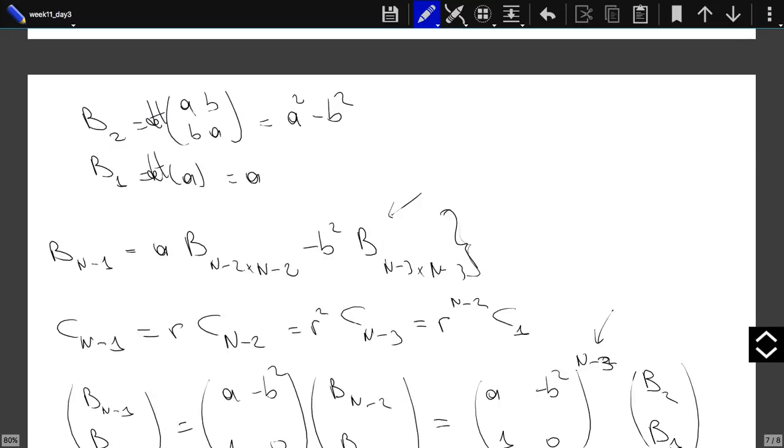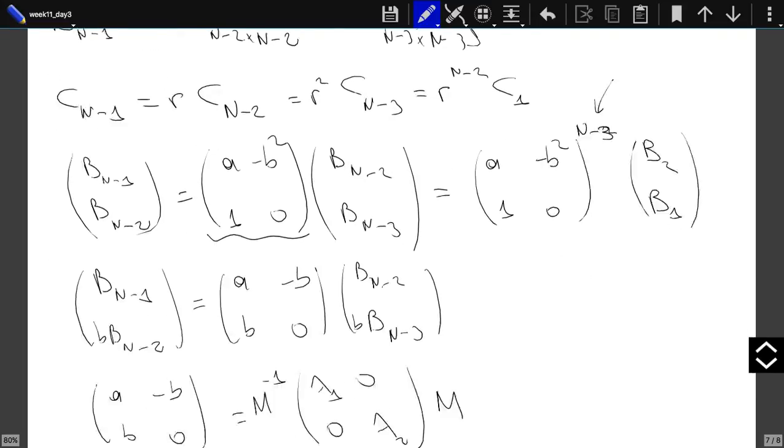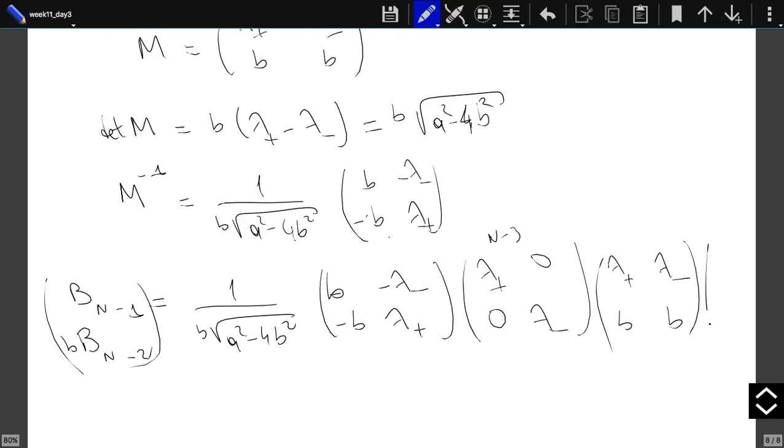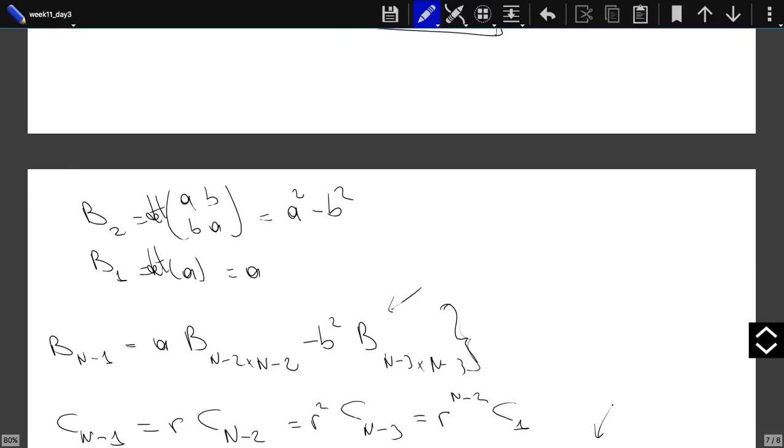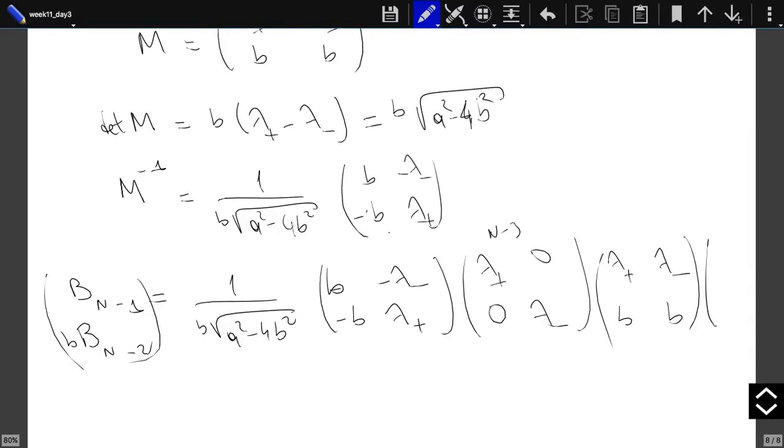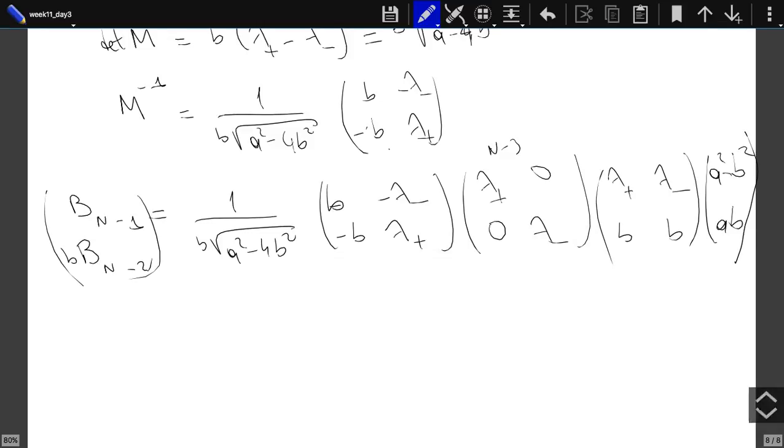Well, we already had calculated b2 and b1. No, let's see. b1 is a. No, b2 is a squared minus b squared. And b times b1 is just ab. Okay, so we actually have the b's. And the next, put it here, multiply them. And that would give you bn minus 1.